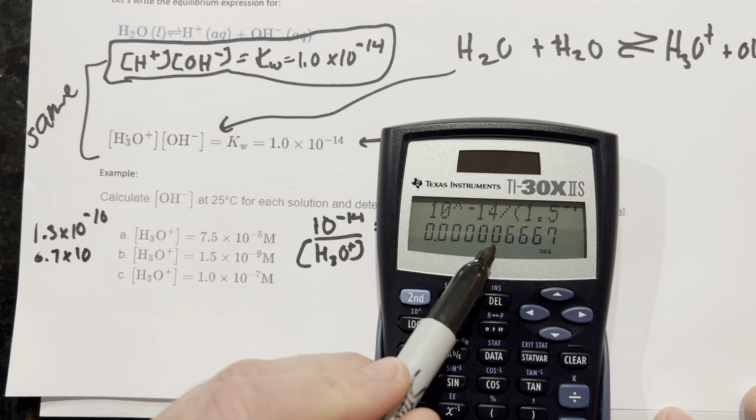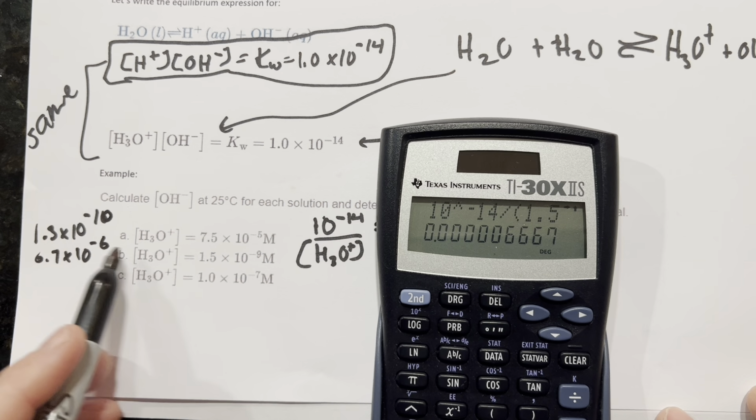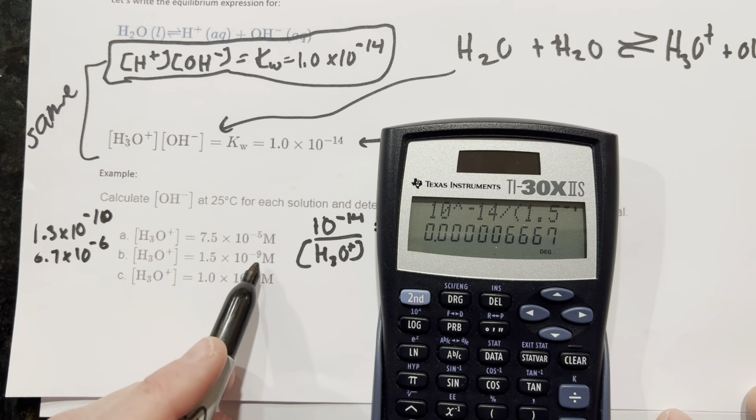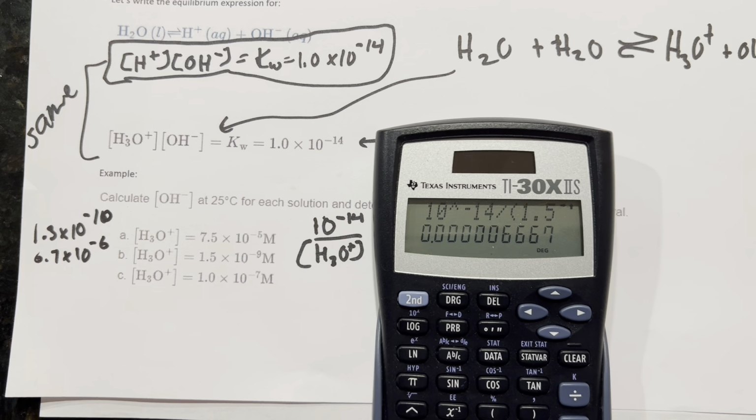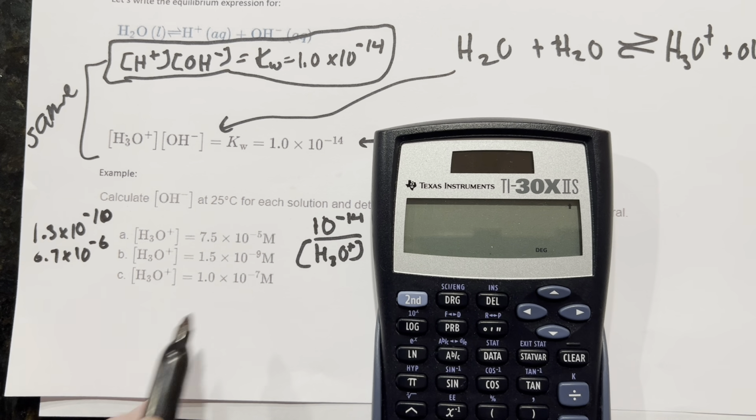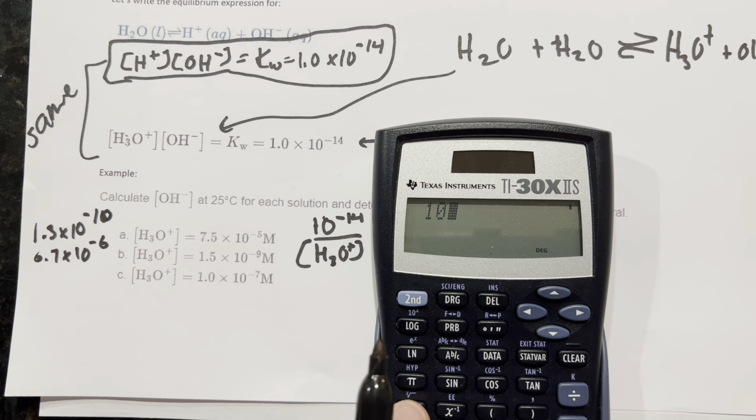And hopefully that makes sense because, again, they want to add up to about 14, 15. So 9 plus 6 is 15. Okay, and last but not least, 10 to the negative 14 divided by, in parentheses, 10 to the negative 7.